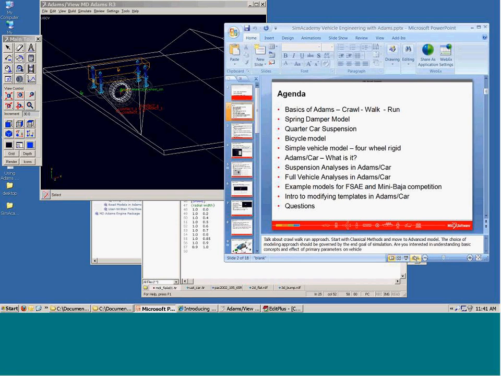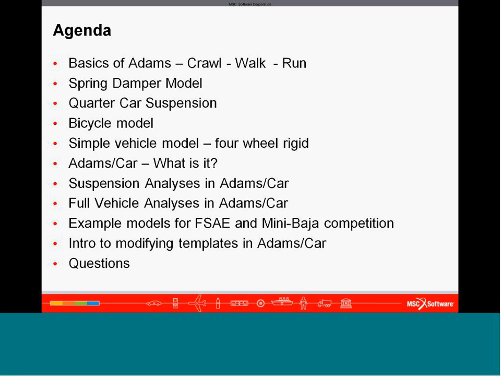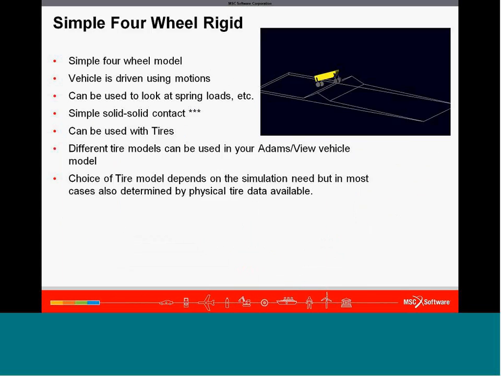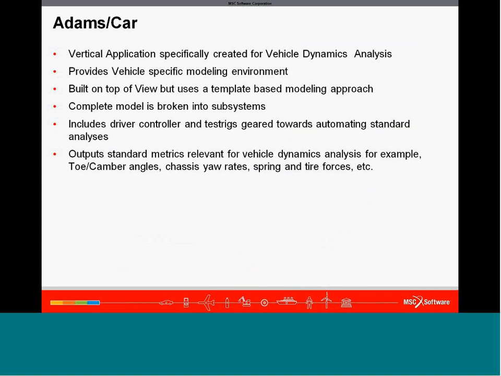So that brings us to a specific application of Adams View for vehicle dynamics, which is the Adams Car product. Whatever you could do in Adams View, you can do most of the things in Adams Car many times more efficiently when they are specifically pertaining to vehicle dynamics.